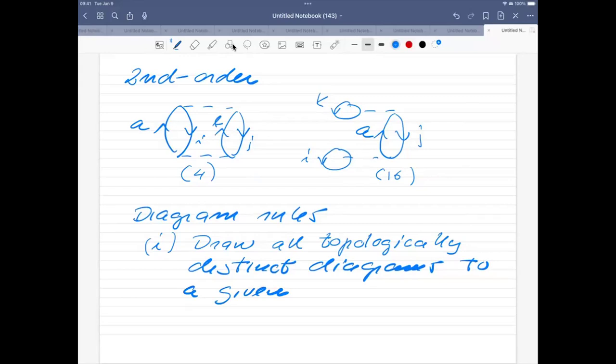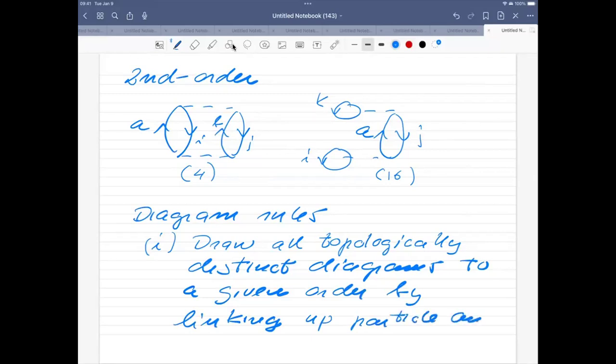So this drawing all the topologically distinct diagrams of a given order means that you're linking up particle and hole lines with various interaction vertices.